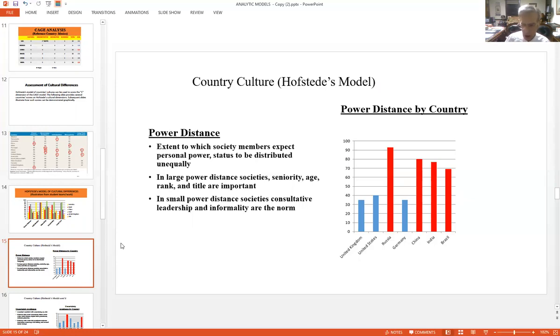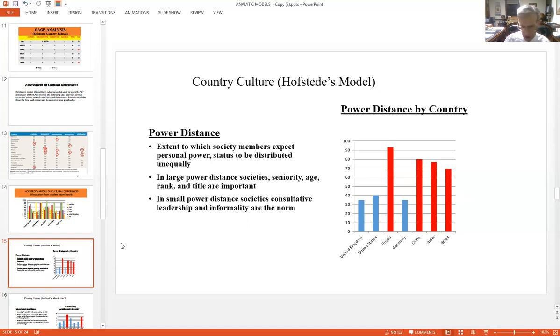Another way to report the results is in an exhibit like this, where each dimension of Hofstede's model is compared, the countries are compared to each other in an exhibit like this. This is very nice.